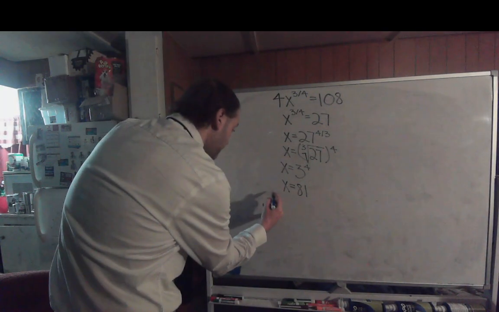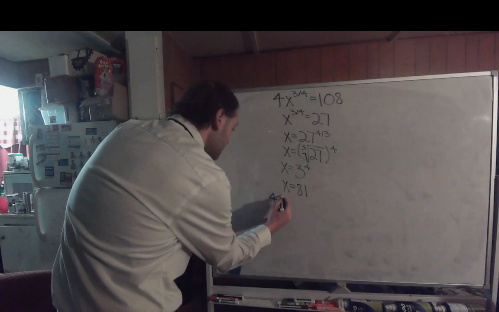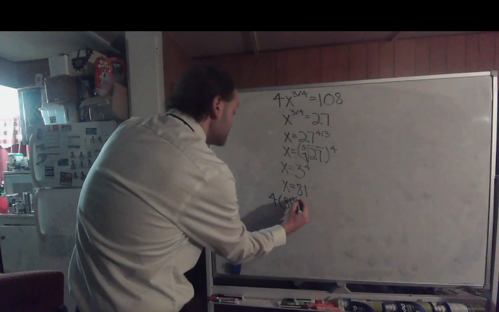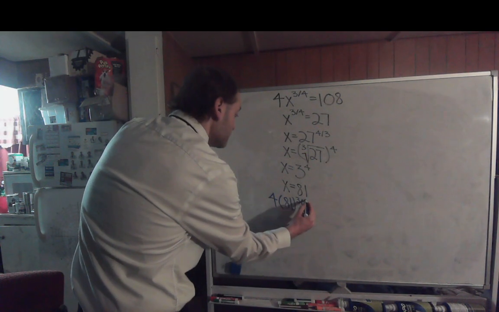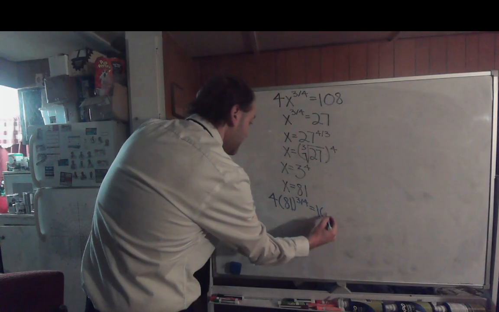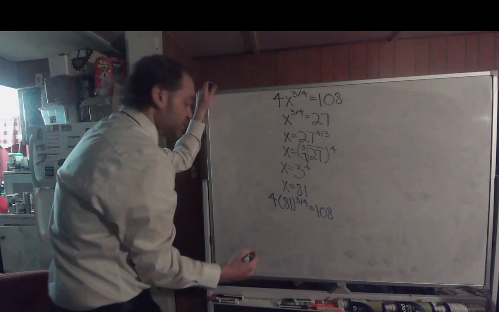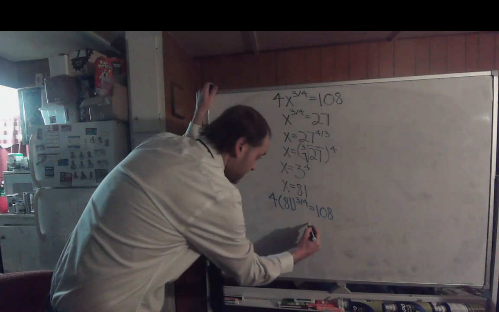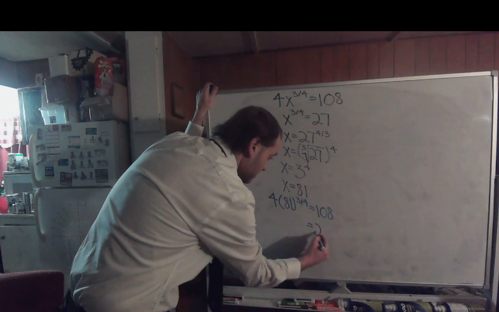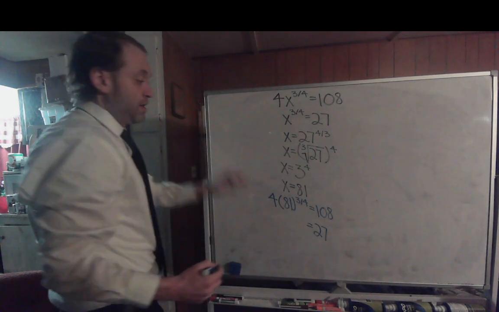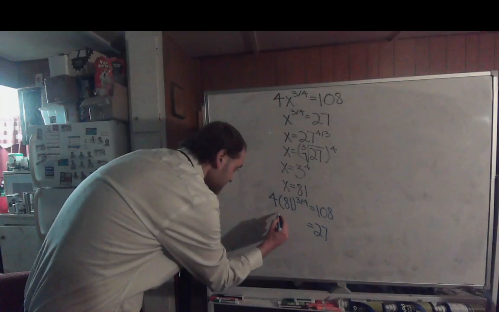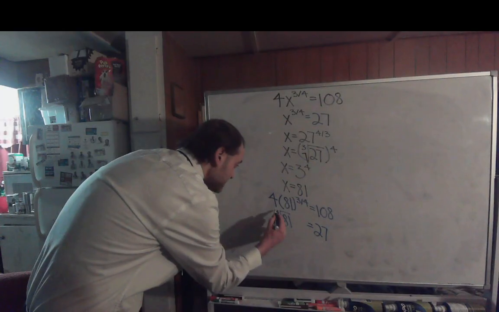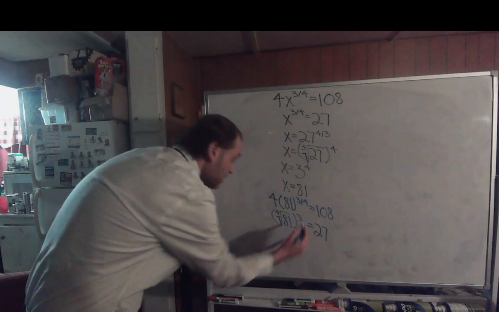So take 4 times 81 raised to the 3/4 power, set that equal to 108, which could simplify into, okay, the right side, 108 divided by 4 is 27. Now, 81 to the 3/4, isn't this the same as the 4th root of 81 raised to the 3rd power?